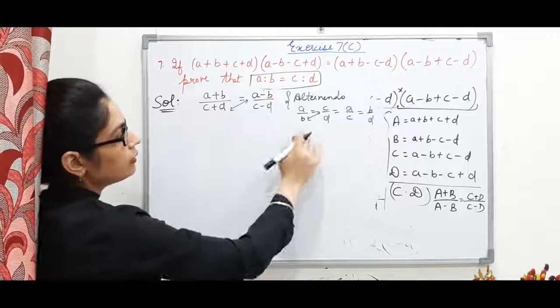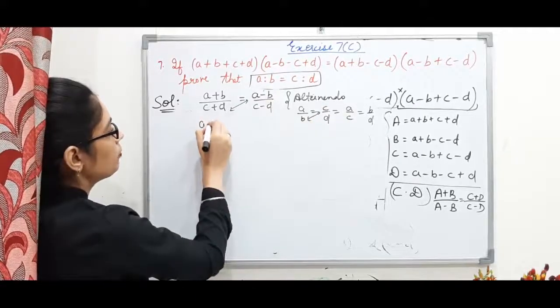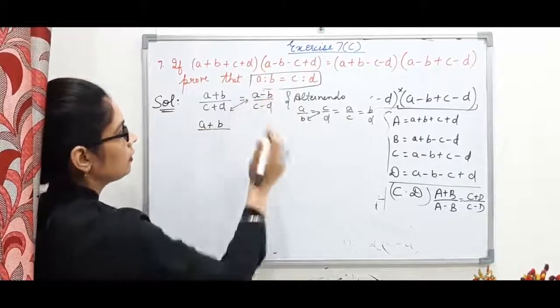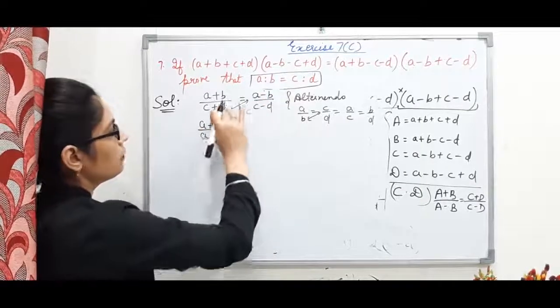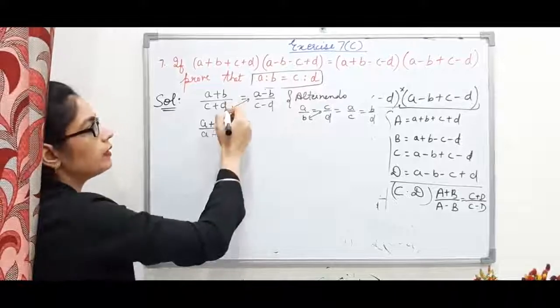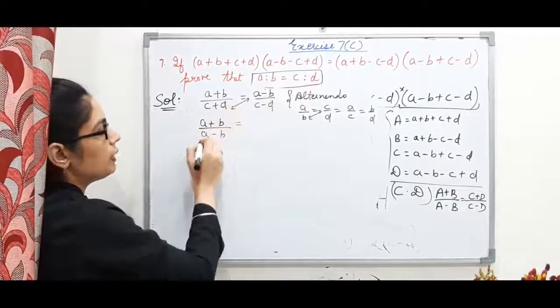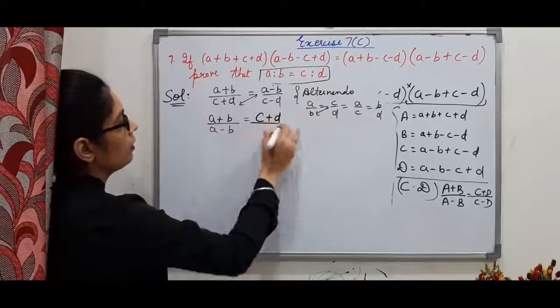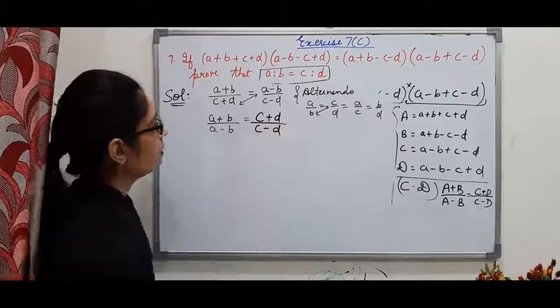So this is my a, this is b, this is c, this is d. So after interchanging I will get a, which is a plus b, by c, c is this, a minus b. Simple, in simple words if I say only interchanging of these two. So here a minus b will come, c plus d by c minus d.